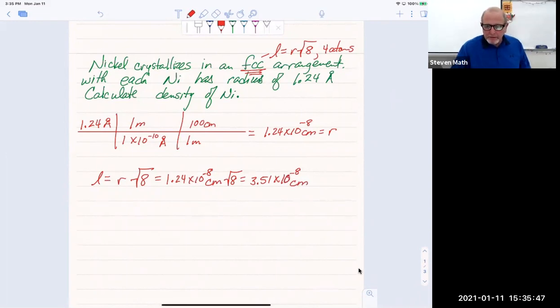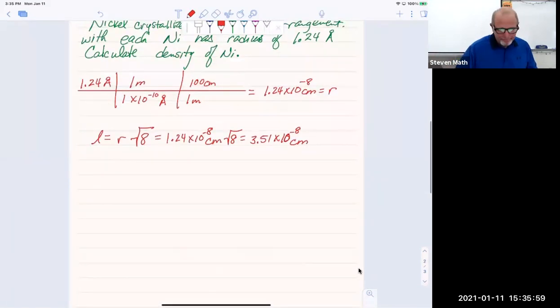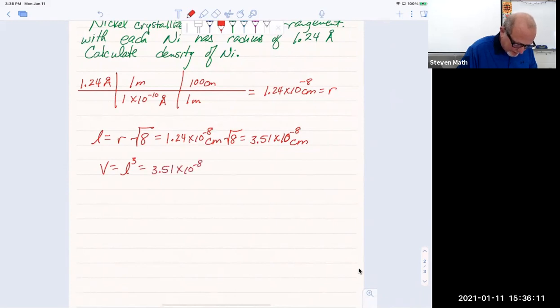That's L. We want density. By calculating density, we need to have mass and volume. Well, this isn't volume. This is length. You guys are already way ahead of me, I'm sure. V equals L cubed, 3.51 times 10 to the negative 8th centimeters, cube it.